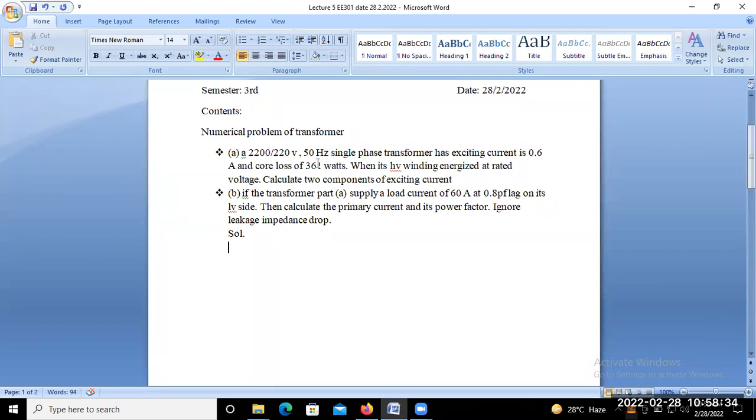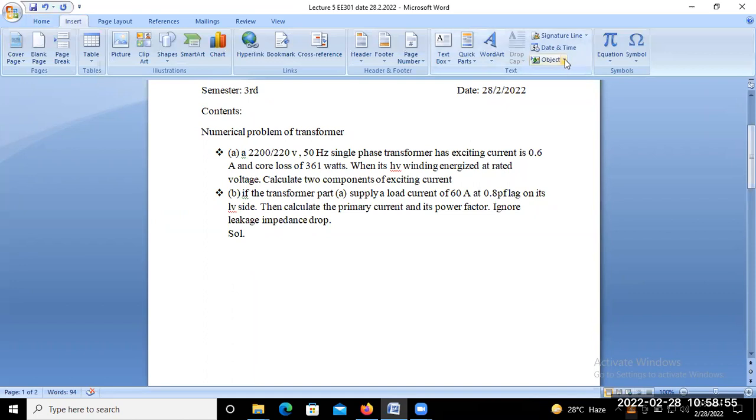So Ic equals core loss divided by V1. What is the value of V1 here? 2200. Okay, so let's put the value here.